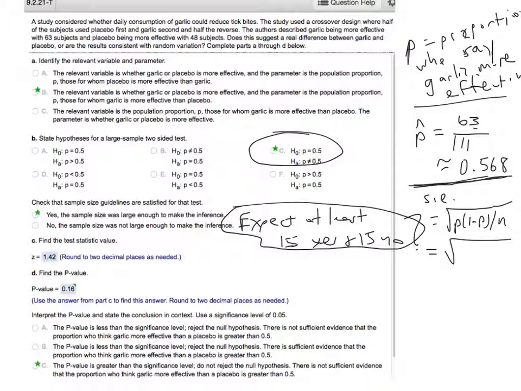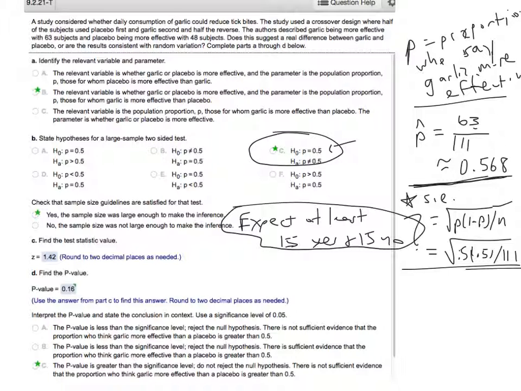So I should use 0.5 for this. 0.5 times 1 minus 0.5 is also 0.5, and the sample size is 111. So use the real p in hypothesis testing, and the real p is going to be from the null hypothesis.